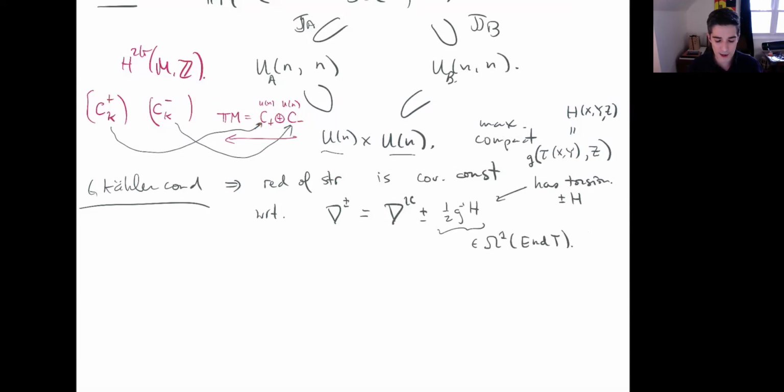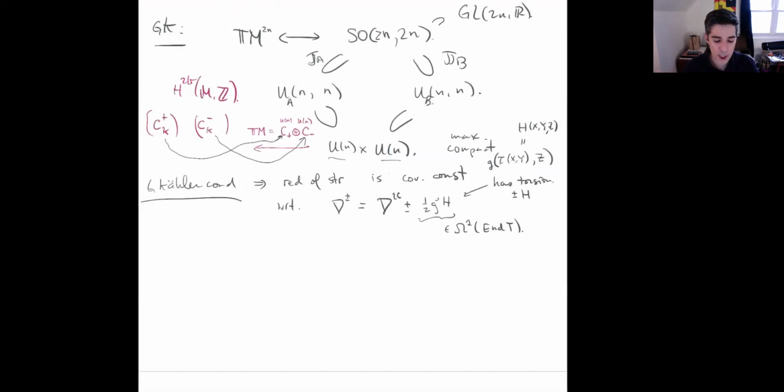And these bundles have connections, nabla plus and minus. And if you take the complex structure or the symplectic structure or the metric on this bundle, and you drag it by parallel transport by this connection, it'll be preserved. You're putting the plus connection on C plus, and the minus connection on C minus. Exactly. Okay. So it's like you have two Kähler manifolds on top of each other at the same time, simultaneously, right?